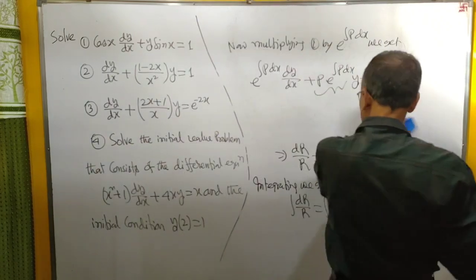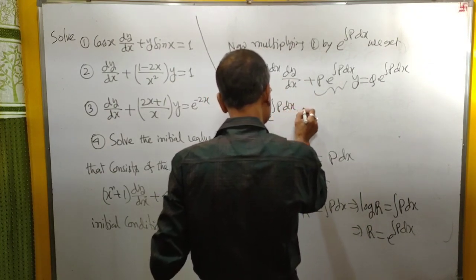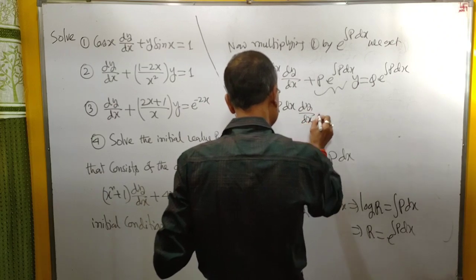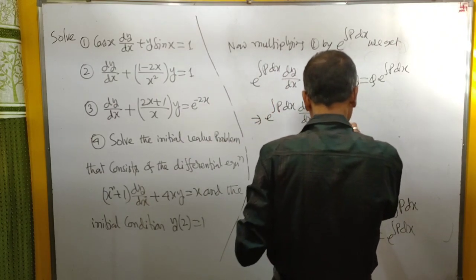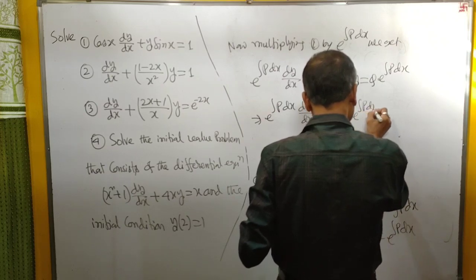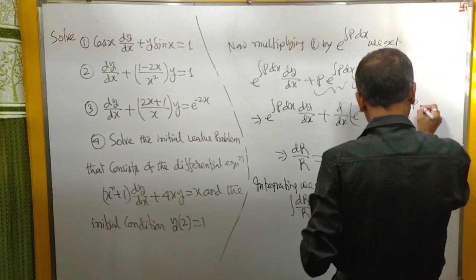You may write it like this: e to the power integral p dx times dy by dx plus p times e to the power integral p dx times y can be written as d/dx of e to the power integral p dx times y, equal to q times e to the power integral p dx.